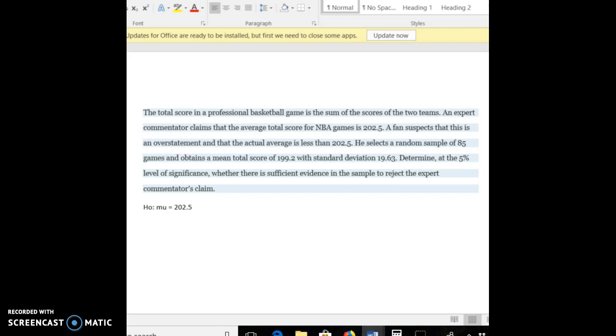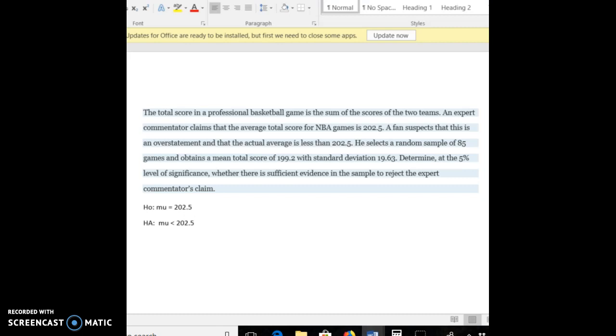Now, this fan suspects that the actual average is less than that. So our alternate hypothesis, which I will call HA, is that our mean mu is less than 202.5. All right, now this is a one-tailed hypothesis test because our alternate hypothesis is a less than symbol.